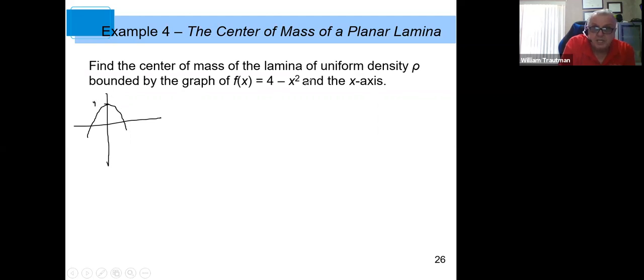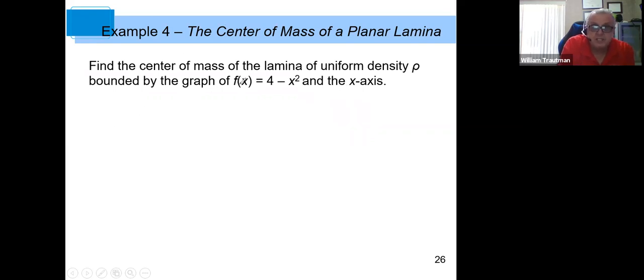And if you set 4 minus x squared equal to 0, you end up with x-intercepts at -2 and 2. X squared equals 4, square root both sides. X equals plus or minus 2.